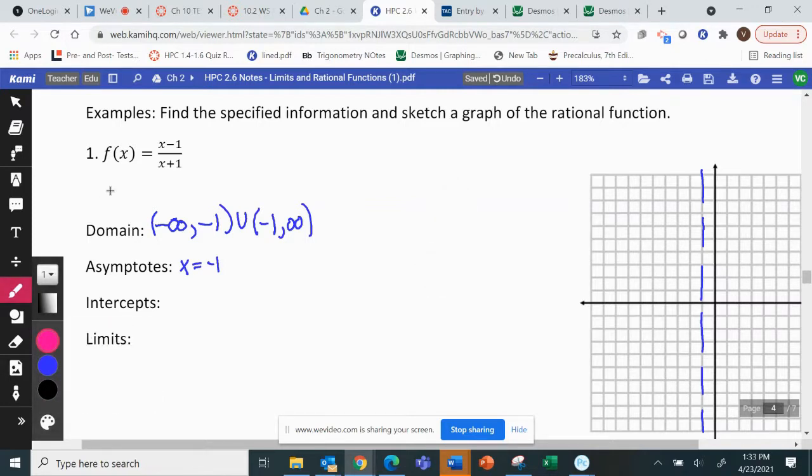How do we find x-intercepts? Always and forever. Marie, how do you find x-intercepts?